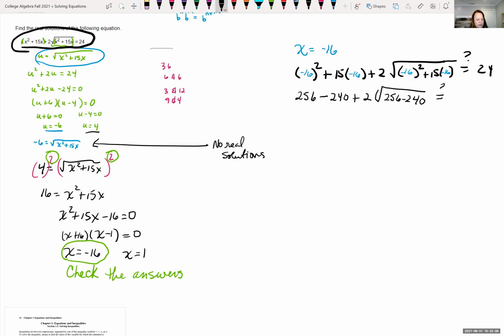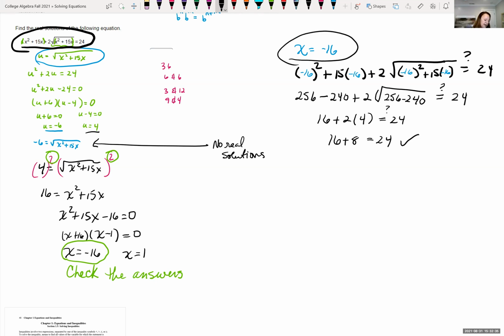Is this equal to 24? Well, 256 minus 240 is 16. Square root of 16 is 4. So that would be a 4 there. Does that equal 24? 16 plus 8 does equal 24. So x equals -16 is a solution.